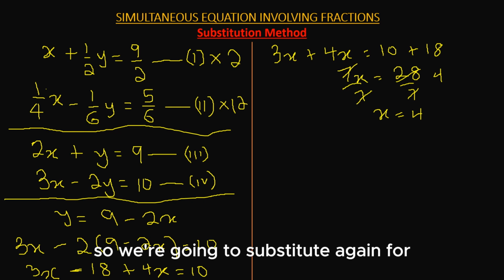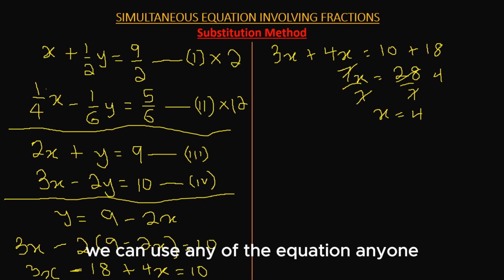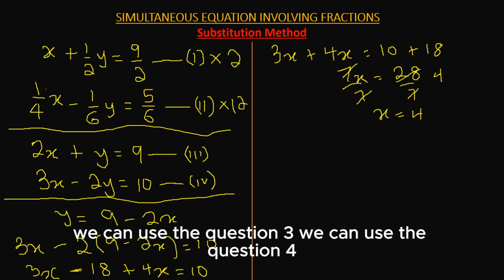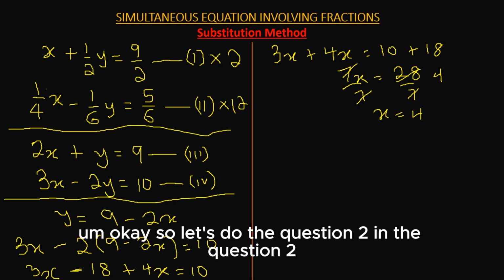So we're going to substitute 4 for x. This time around, we can use any of the equations. We can use equation 1, equation 2, equation 3, or equation 4. Any of the equations at all. So let's use equation 2.